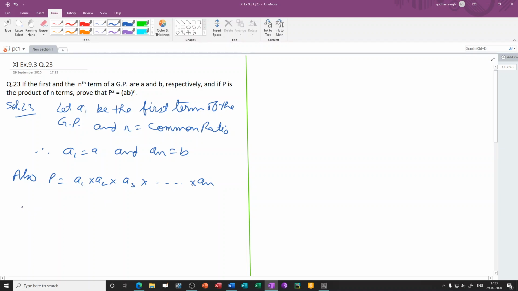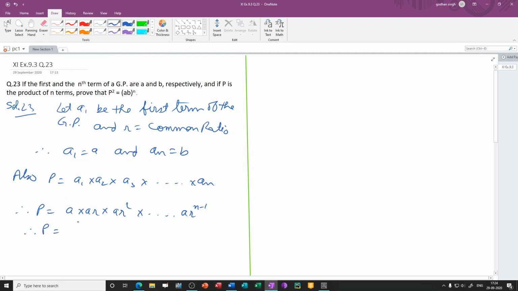So P equal to A1 is A, A2 can be written as AR, A3 can be written as AR square, and so on, and this An is nothing but A into R raised to n minus 1.